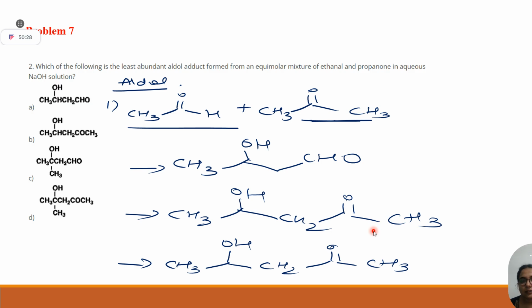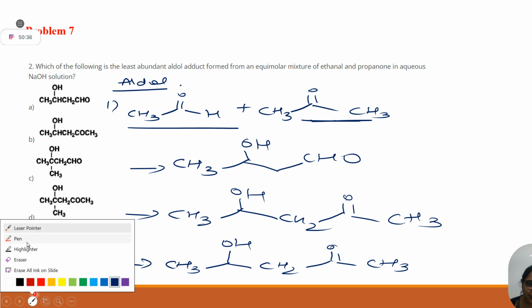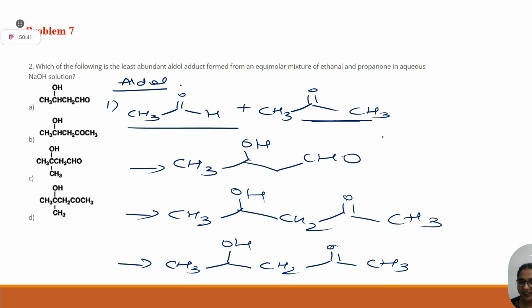When the aldehyde will behave as a nucleophile and the ketone will behave as an electrophile. Exactly. Just tell me now, did you understand or not? I'm trying my best to make you understand.